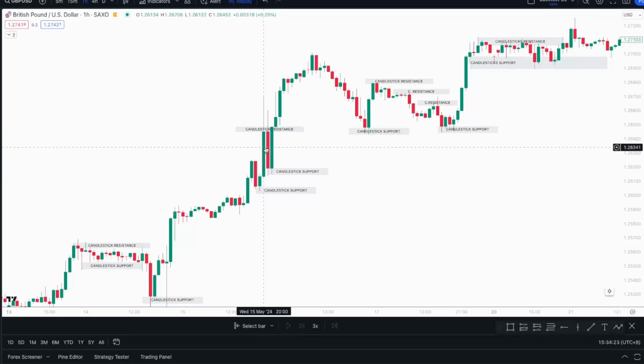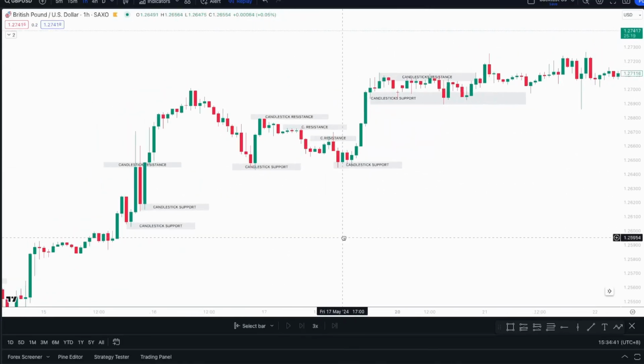This one, you have price moving up, close bullish, close bearish. I highlight that area as a candlestick resistance, although it actually got broken straight away. After price makes that candlestick support, it moves straight away further higher. Again, this is just an example of candlestick resistance.